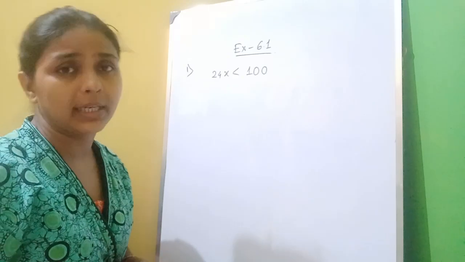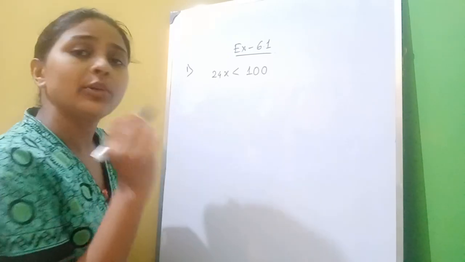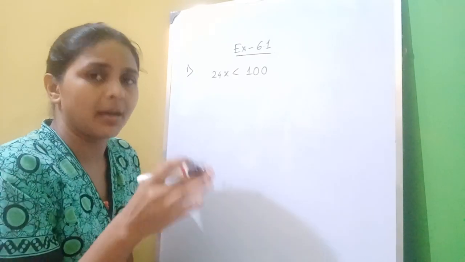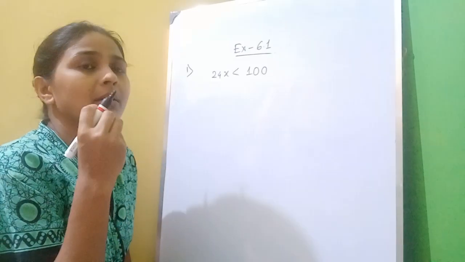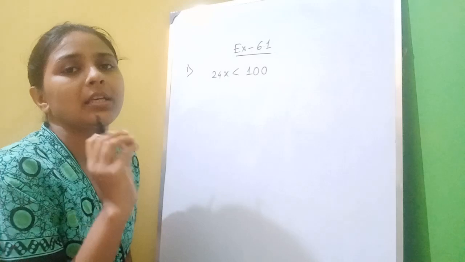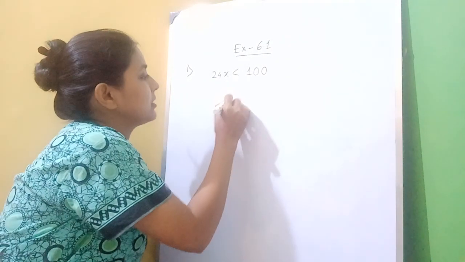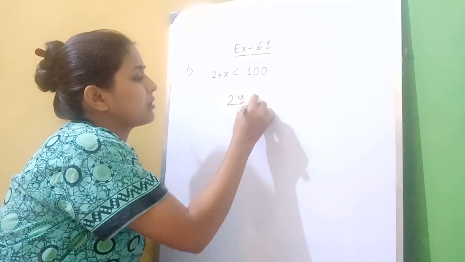Now for the inequality sign, there is a little bit of difference. You can add or subtract any number without hampering its inequality sign. Suppose 2y is greater than or equal to 5.